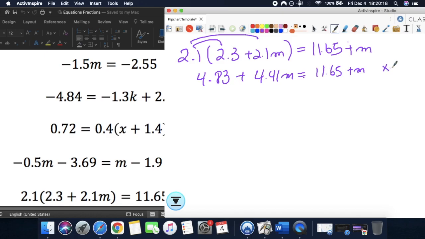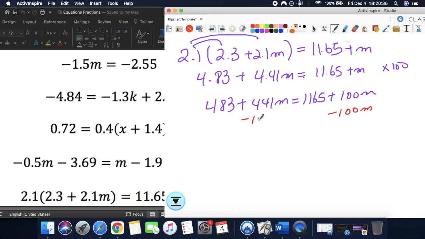I'll multiply everything by 100. So it's going to be 483 plus 441m equals 1165 plus 100m. Let's get rid of one of the m's. Minus 100m on this side, minus 100m on this side.